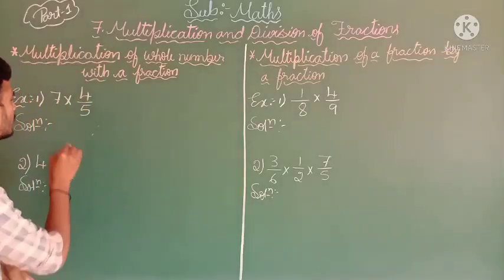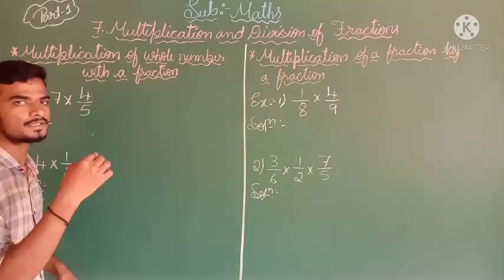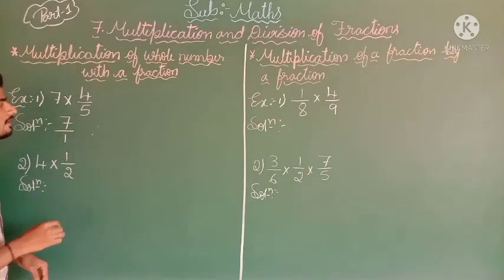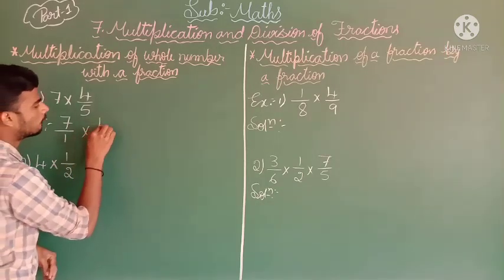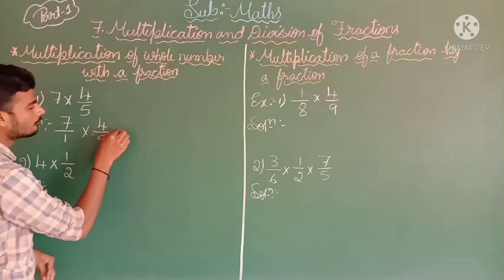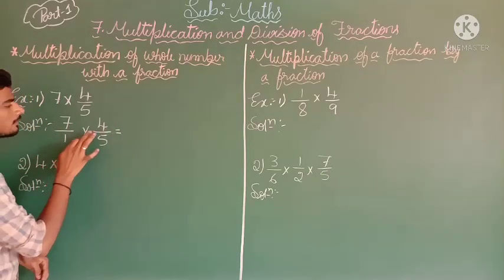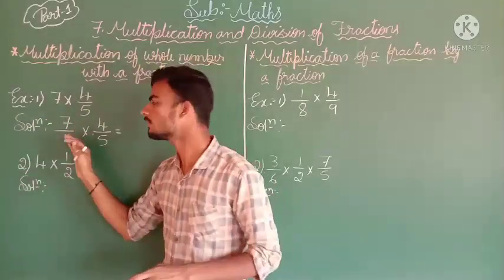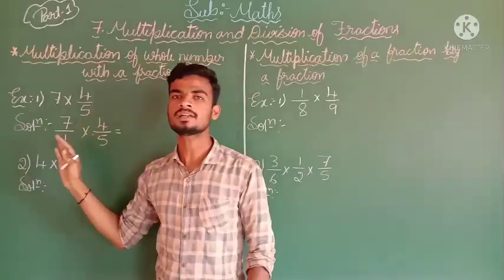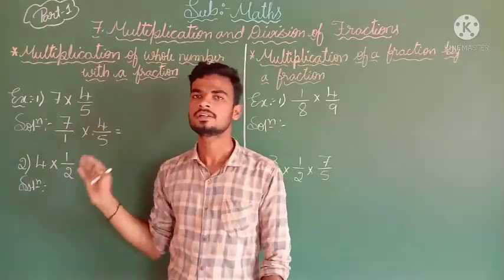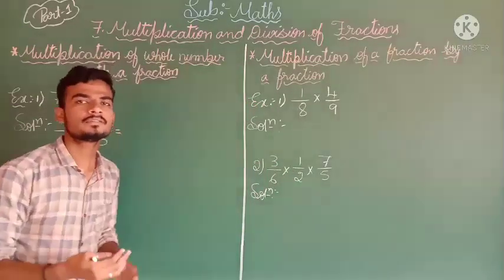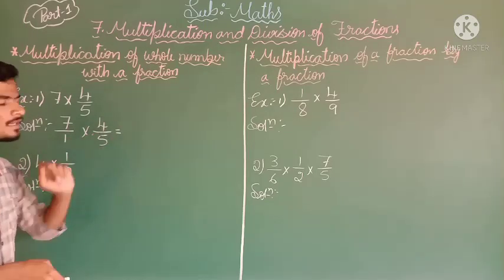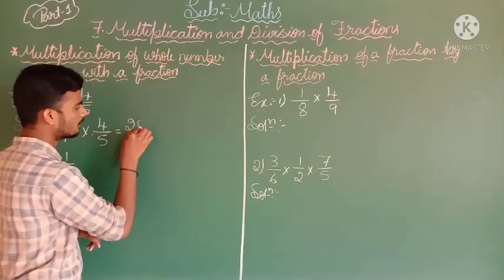First we convert the whole number into a fractional number. How to convert? Write 7 by 1. So 7 by 1 into 4 by 5. Then what you have to do? You multiply the numerator with the numerator and the denominator with the denominator. 7 4s are 28.